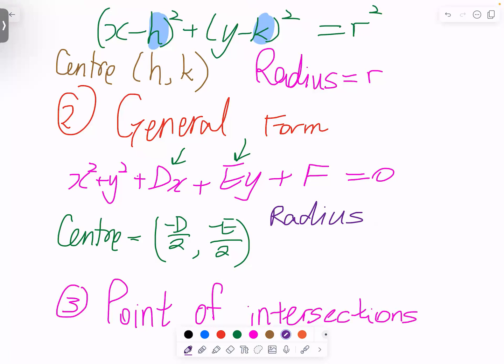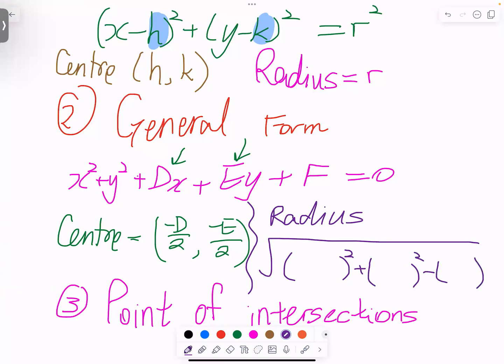Anyways, radius here will be, okay, square root first. You have something square plus something square minus something. What are those somethings? The first part is the center coordinates, the 2 center coordinates. You put that, and then at the back, you put the constant.